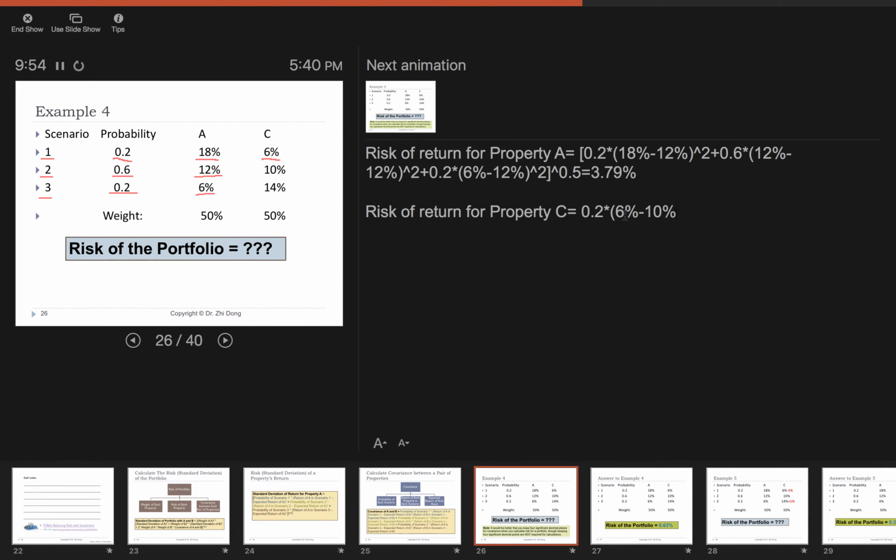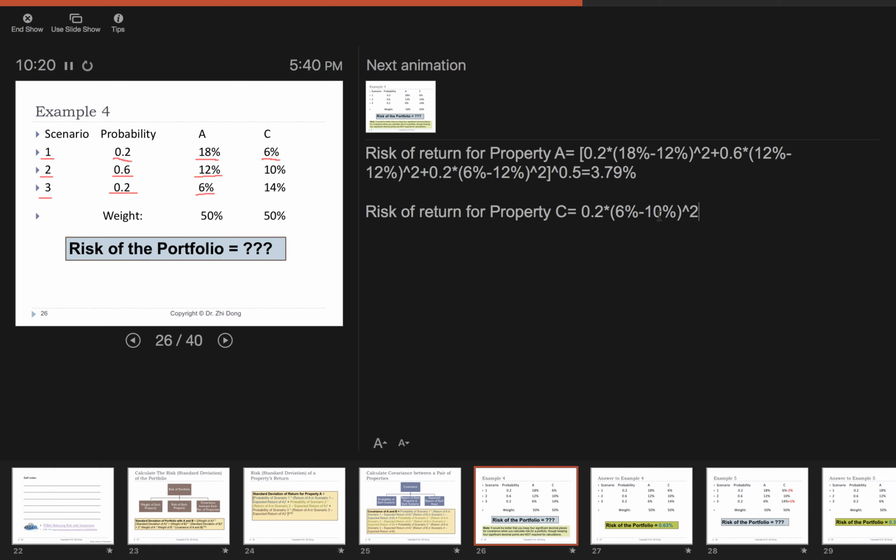So 10%. And now this 6% minus 10% captures the deviation of property C's return from this expected return under the first market scenario. So the same as for property A, we do need to raise this deviation to the power of 2.